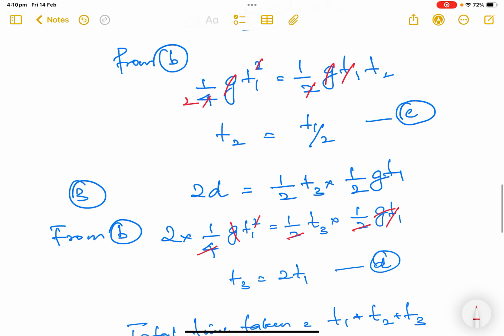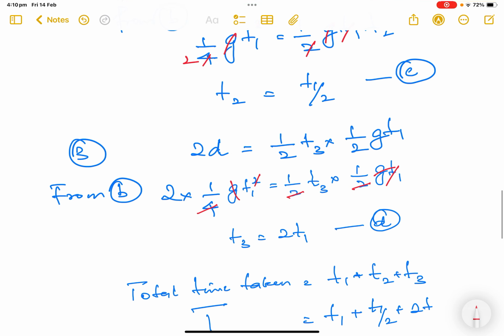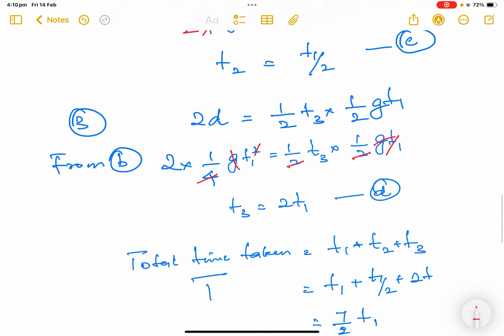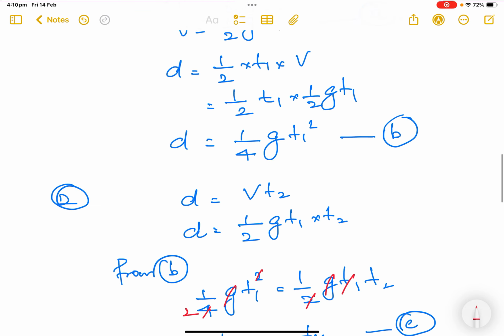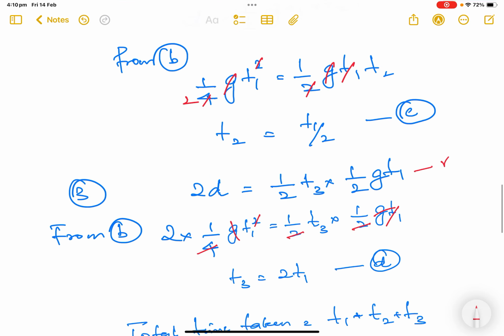So that's what we found. Then the third stage. The third stage is the retardation. Again, the triangle. So 2d, the distance traveled, is the area of the triangle. 2d equal half times t3, that's the time taken, the base is t3, times v. We know that half v is half g t1.